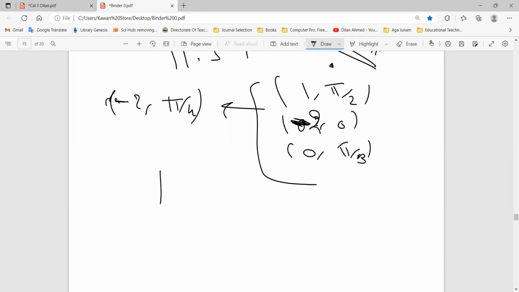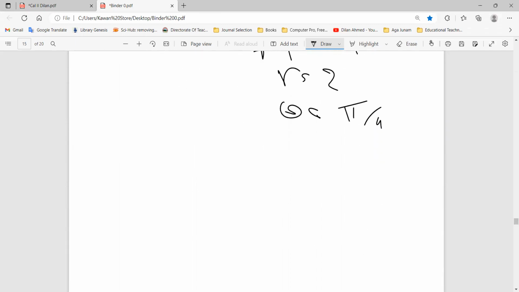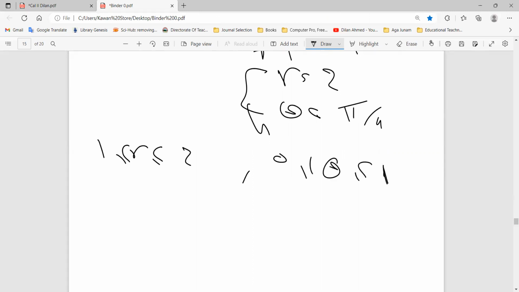And the second part, part B, we say how to sketch more points. We say equation and polar graph. For example, r equal to a constant is a circle, theta equal to a constant is a line, mixing these two ideas together, like r between 2 and 3, and theta between 0 and pi over 2.